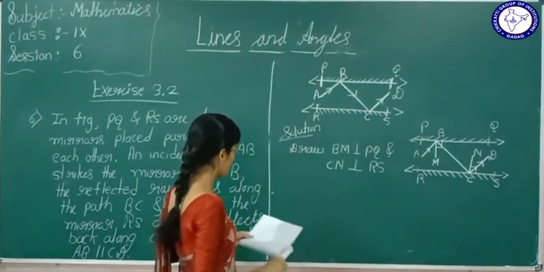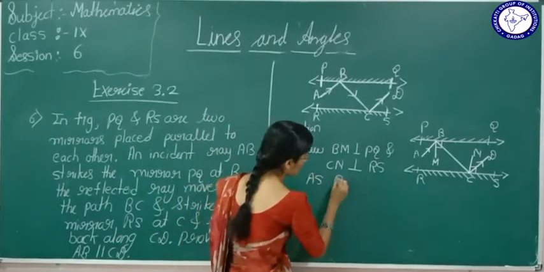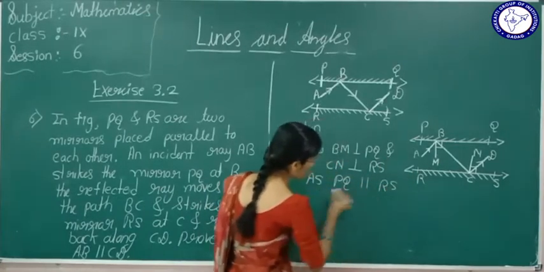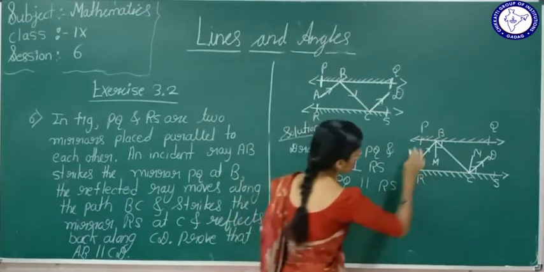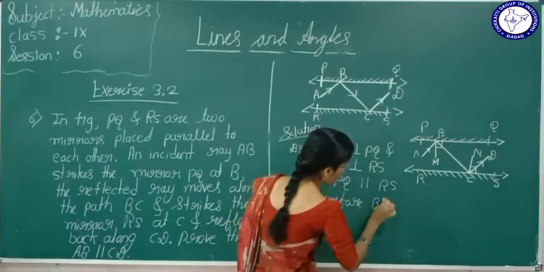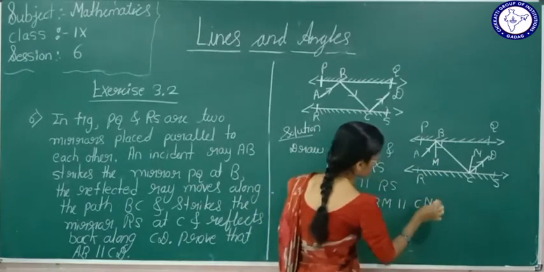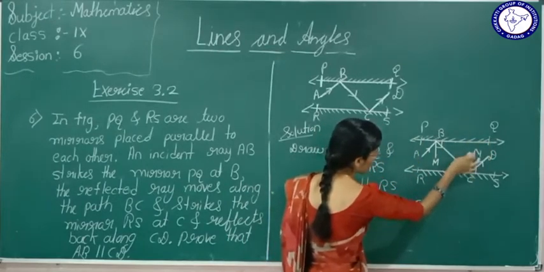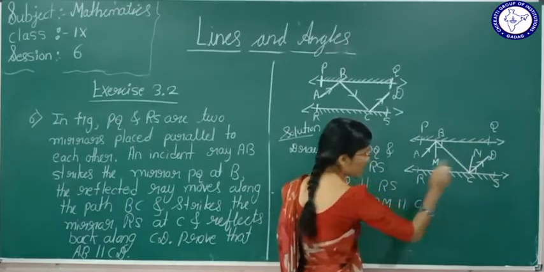Okay, as PQ is parallel to RS, therefore we can tell that BM is parallel to CN. See here, we have drawn BM perpendicular to PQ and CN perpendicular to RS, and PQ and RS are parallel.